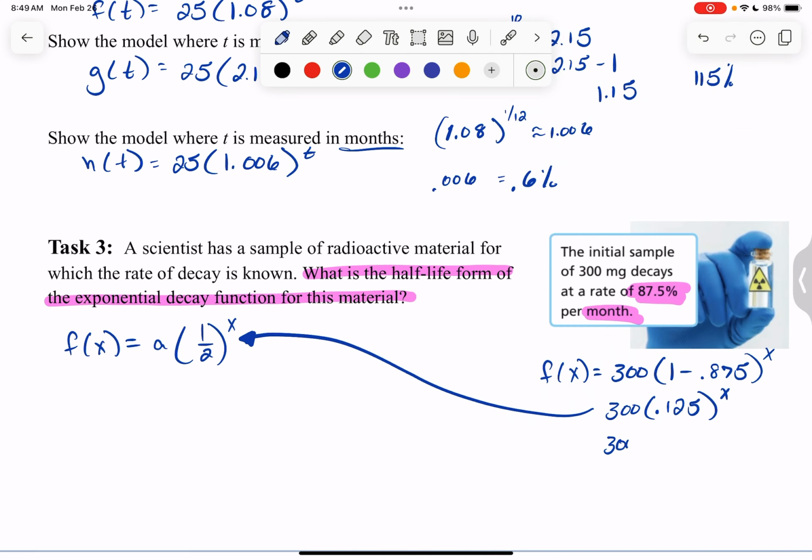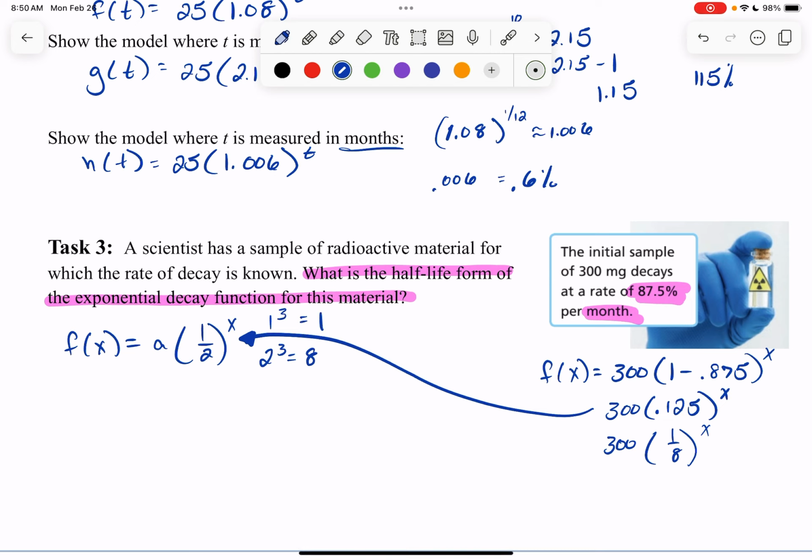So this becomes 1/8 to the x. Again, my end goal is to get it to 1/2. Well, 1/8 can be written as 1/2 to the third, because if I look at my cubes column, 2 to the third is 8, and the numerator 1 to the third is 1.